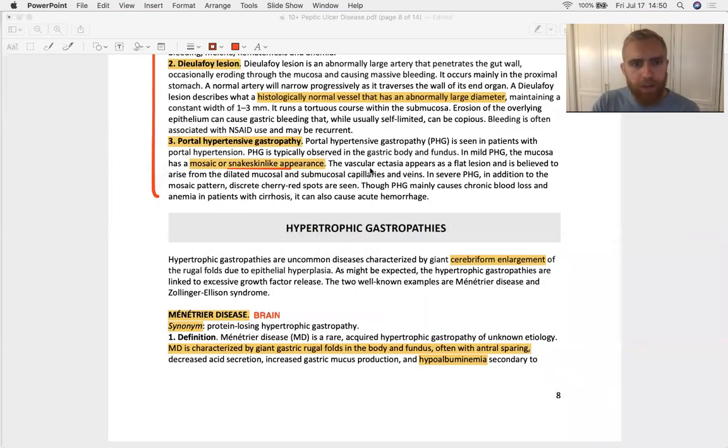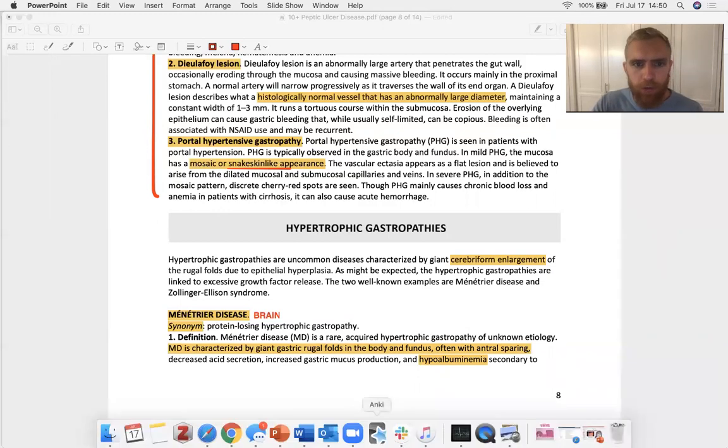So hypertensive gastropathy, seen in patients with portal hypertension. Where's your portal vein? It's underneath your liver, bringing blood from the gut to the liver. And so if blood backs up going into the liver, then blood's going to back up all the way into the mucosa of the GI.